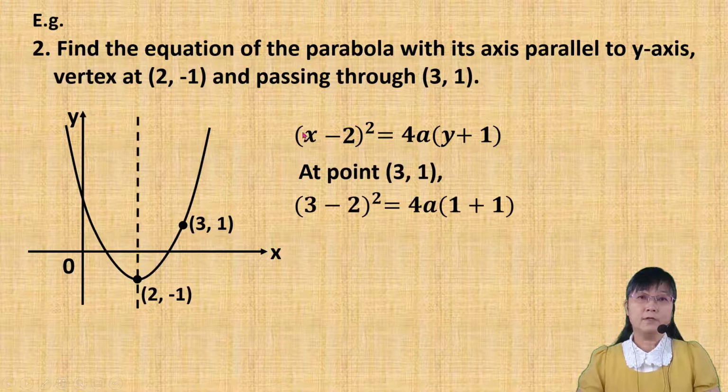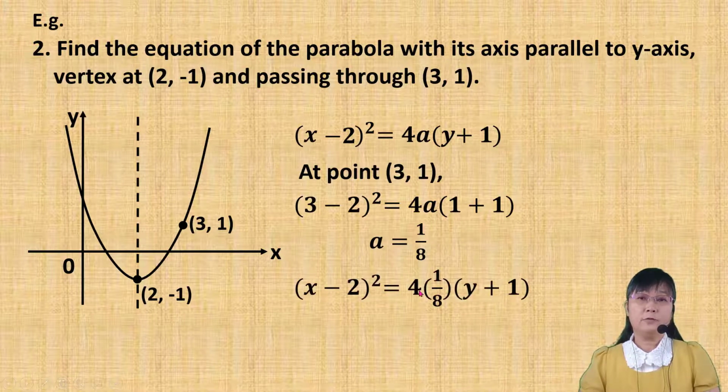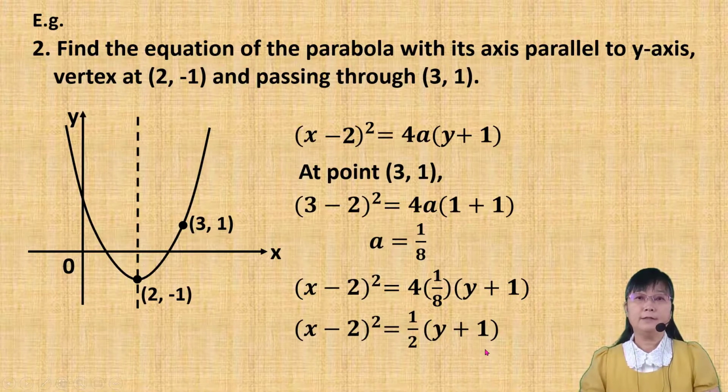So when I substitute x with 3, y with 1, then when I simplify, I find that a is equal to 1/8. So now I substitute back the value of a into the standard form of the equation of the parabola. Now I'll get the equation of the parabola.